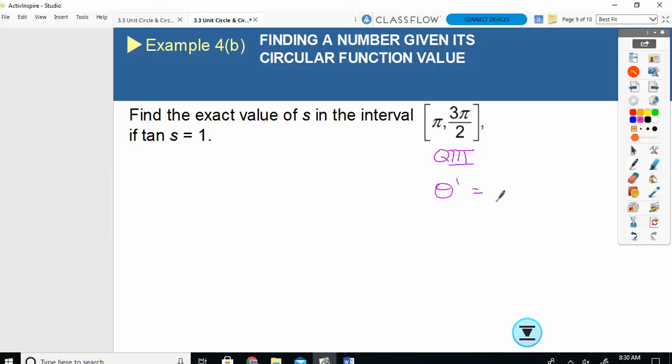Can you tell me the reference angle? When does tangent equal 1? Think about your handshake. 45 degrees. Or if you're looking at your unit circle, tangent is 1 when x and y are the same thing. So we're looking at 45 degrees, which is pi over 4. So pi over 4 in quadrant 3. We know in quadrant 3 the numerator is 1 higher. So that would be 5 pi over 4.